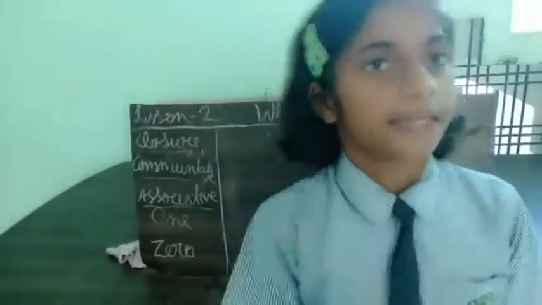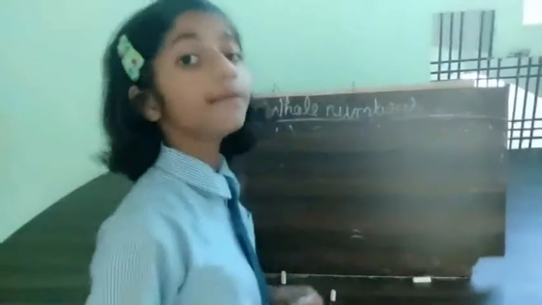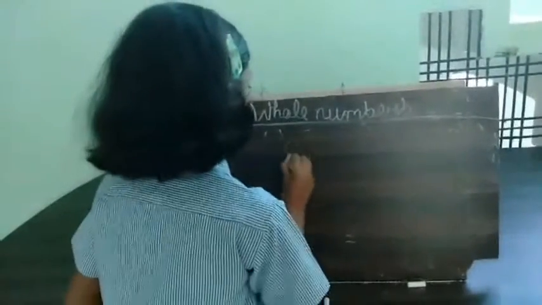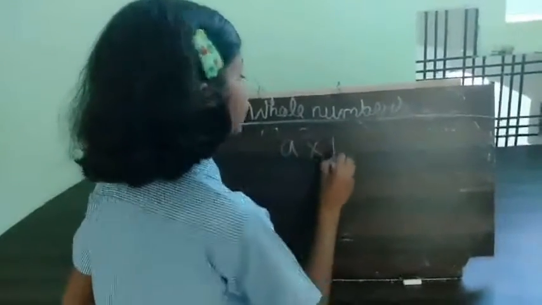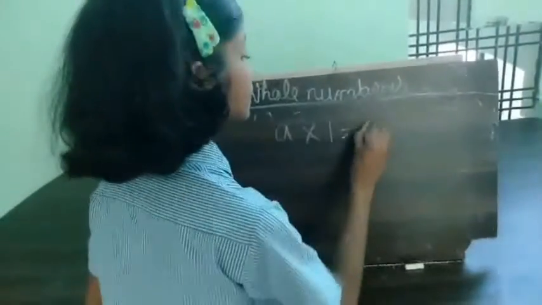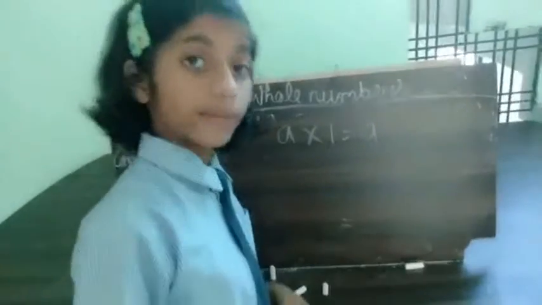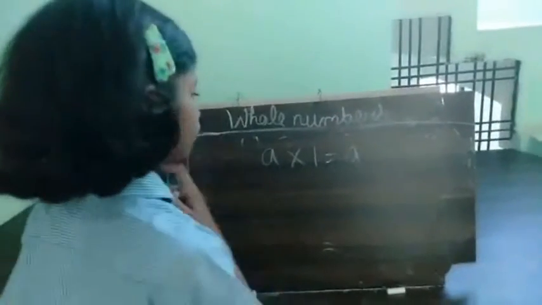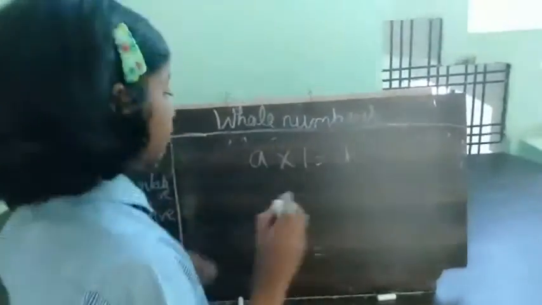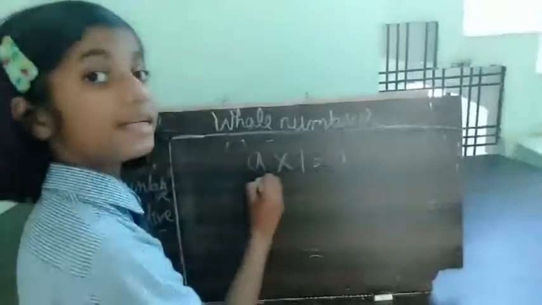Property of 1. If we multiply any number by 1, so suppose a into 1 equals the number itself, equals a. A into 1 equals a. By number we can solve it like that.